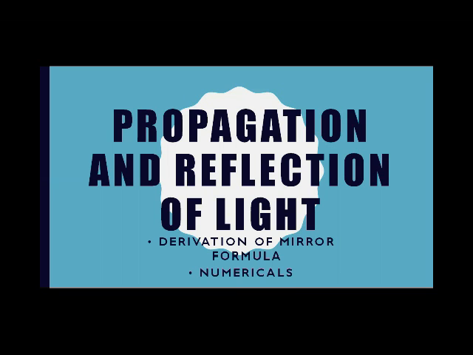The concave mirror is a converging mirror and gives a real and inverted image. The object distance is positive and represented by the small p, while the image distance is represented by the small q, and for the concave mirror it is positive.